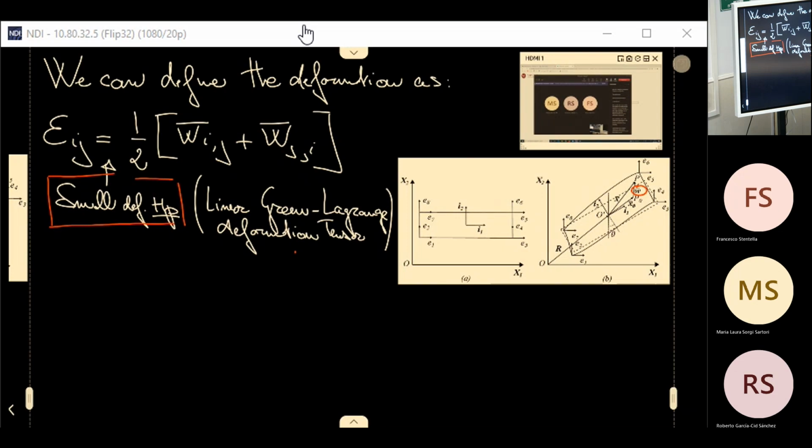So you see, we have P0. After the deformation, it goes to P, and so it basically undergoes a displacement W over bar. And this is the deformation, which is the typical definition.